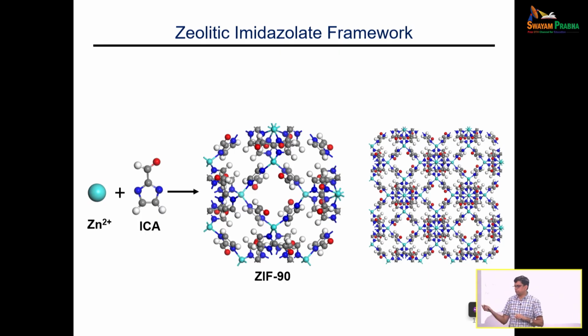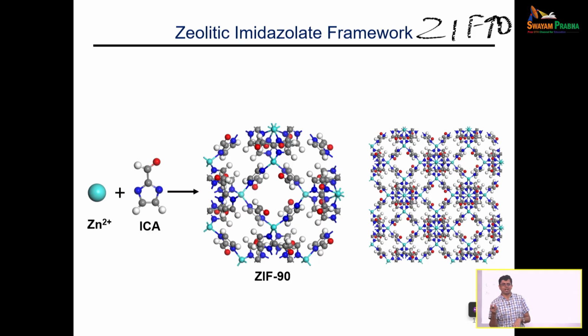So if you change the metal and if you change the linkers, you can make literally millions of them, and I think millions have already been made or at least predicted. The example that I am showing you is one particular MOF, called ZIF 90, and ZIF stands for zeolitic imidazolate framework. It is a class of MOF.